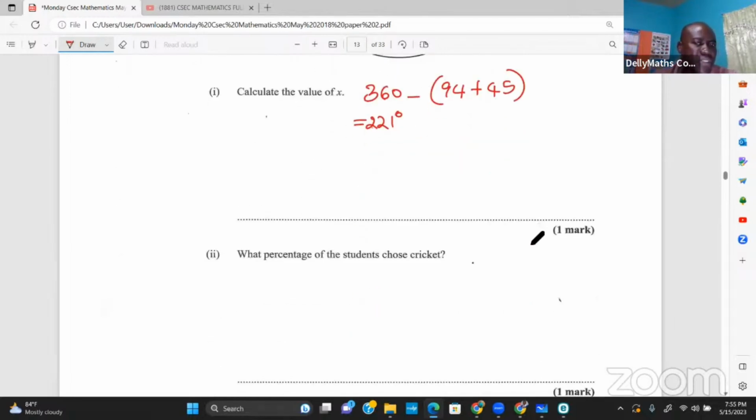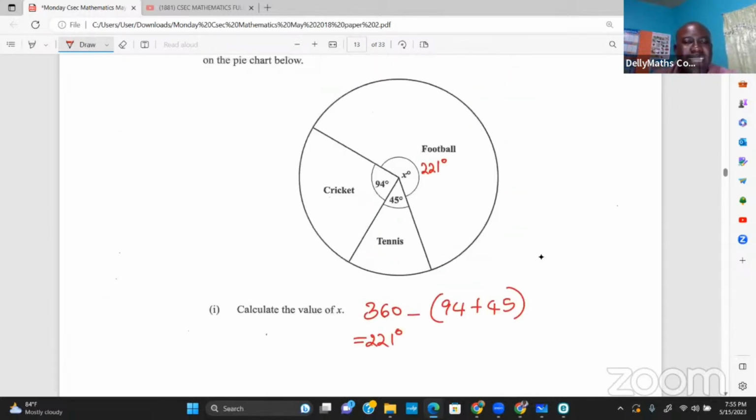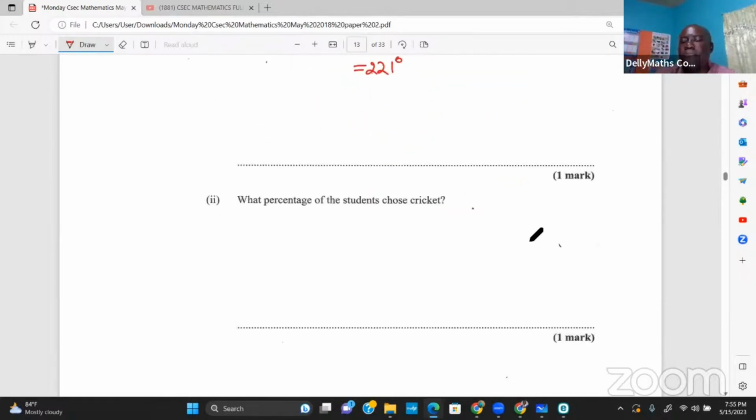Let's go for the next question. What percentage of the students chose cricket? Look for cricket. Cricket is 94 out of 360. So we can simply move from fraction, 94 out of the 360, to percentage.